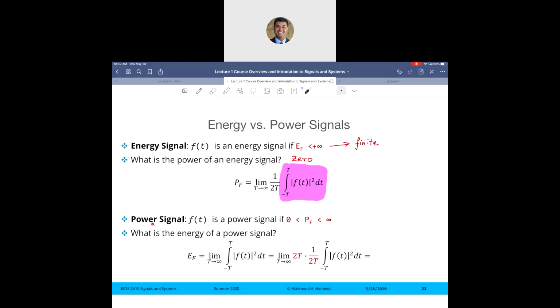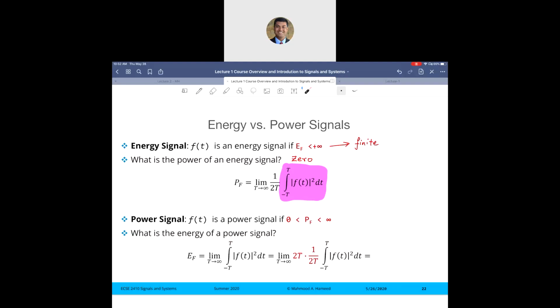Next, power signal. How do we classify a power signal? f(t) is a power signal if its power is between 0 and infinity. Next relevant question, what is the energy of a power signal? We will do something very similar to what we did over here. We will try to find the energy of that signal by applying the limit T tends to infinity, integral from negative T to T of the absolute value of f(t) squared dt.